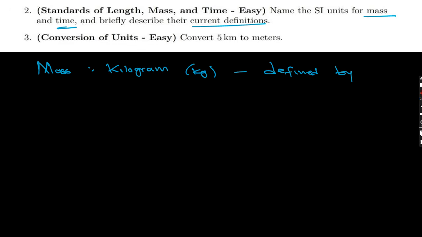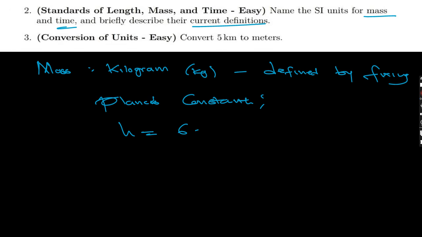by fixing Planck's constant. You can even include Planck's constant, denoted by small letter h, to be 6.62607015 times 10 to the power negative 34 joule second.